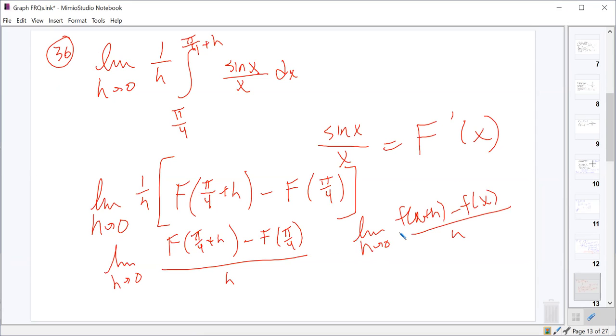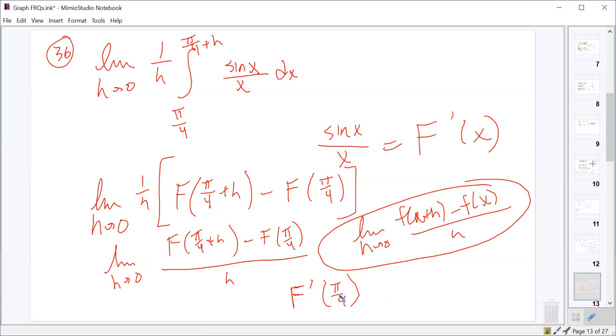This is just the limit definition of the derivative, right? It says just take the derivative of your function, capital F, and evaluate it at that x value. So now we're just looking for F prime of pi over 4.